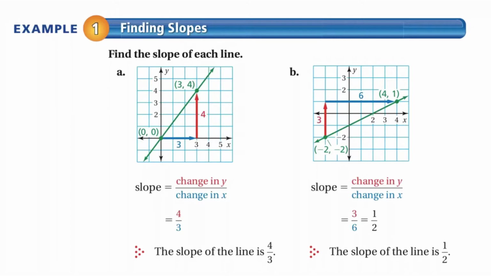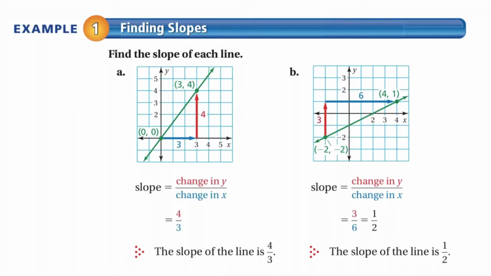In example 1, finding the slopes, it says find the slope of each line. The slope is the change in y, we call that the rise, how much it goes up, over the change in x. We call that the run, how much it goes over. Remember, these coordinates come to us x, y. Y is the second number in each coordinate.